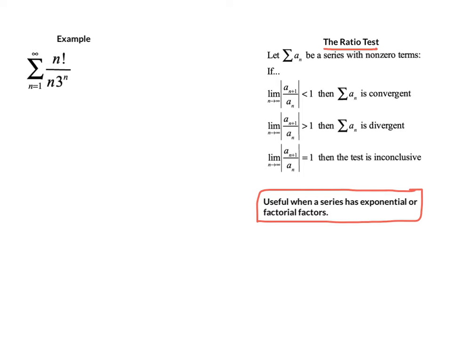We can either have that limit come out to be less than 1. So there we're saying, okay, it's not a common ratio, but we see that the limit of this thing as the series is unwinding is less than 1, which means that yes, we are multiplying by something less than 1, and yes, this is going to be convergent. If that limit gives us a value greater than 1, that's the ratio test proof of divergence.